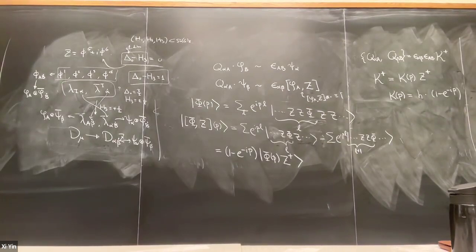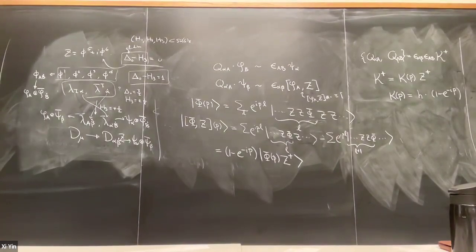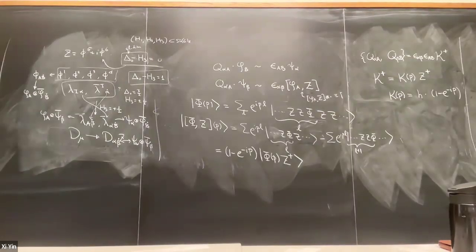But we're going to work in a normalization convention where Q and S are Hermitian conjugates of one another. This is in the language of radial quantization, so think of this as just a superconformal theory on the sphere.